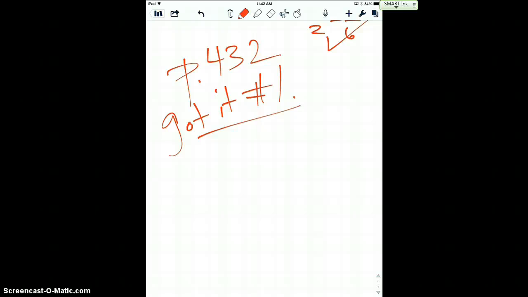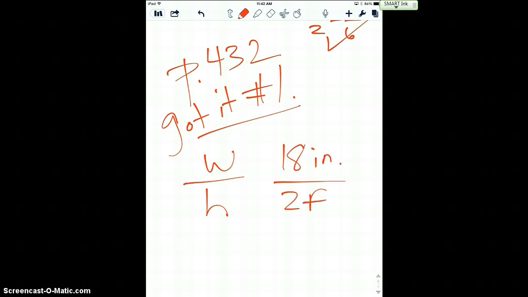So, starting on this problem: a bonsai tree is 18 inches wide and stands 2 feet tall. Write the ratio of width to height. So I have 18 inches to 2 feet tall, and I'm like, oh, I'm done. No, I'm not. Look here. In order for the ratio to be simplified, these need to be the same unit, both inches.